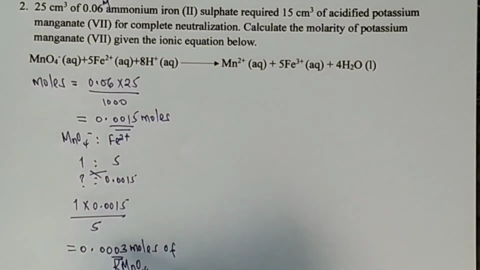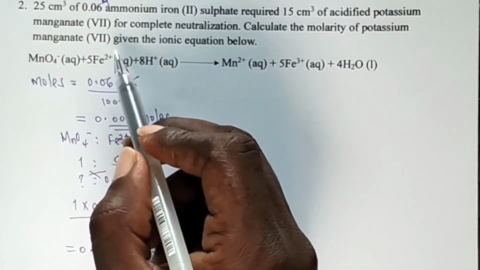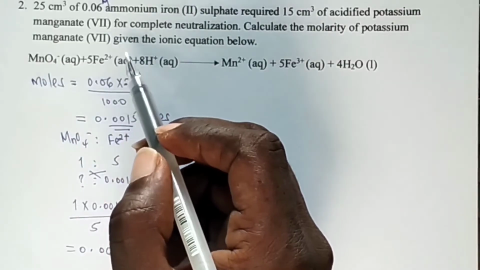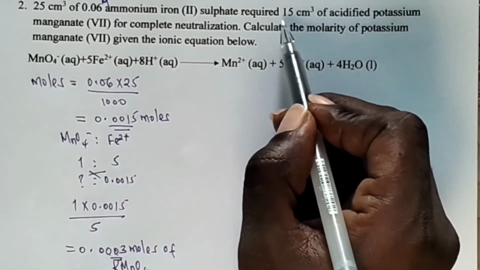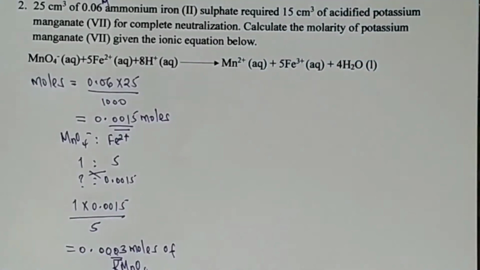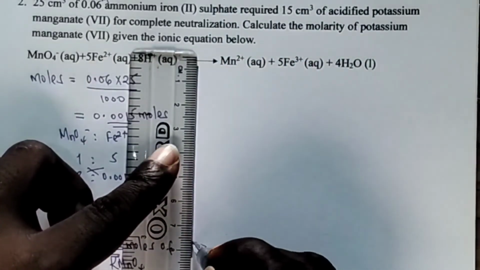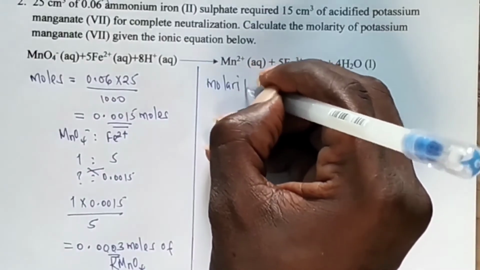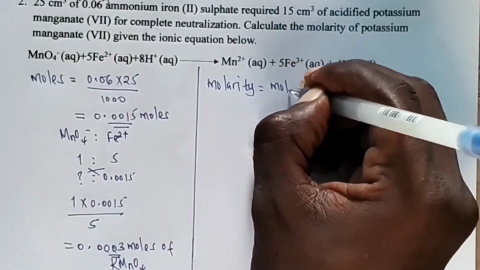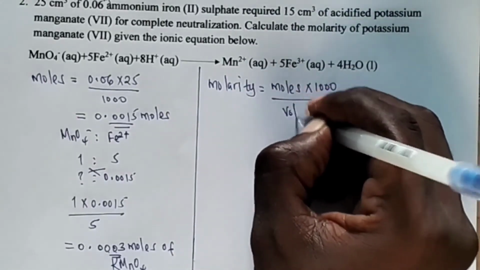So if we have gotten 0.0003 moles of potassium manganese 7, we can get the molarity of potassium manganese 7 solution by just having the formula: molarity is equal to moles times 1000 divided by volume. The volume is 15. It is given in the question. So we are going to say molarity is equal to moles times 1000 divided by volume used.